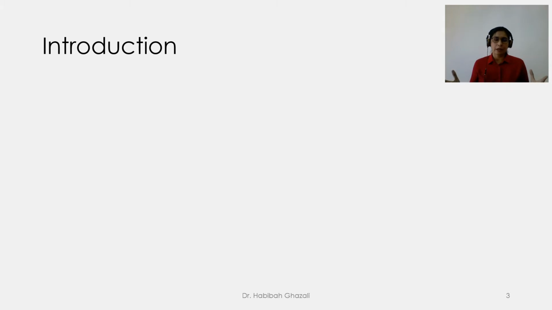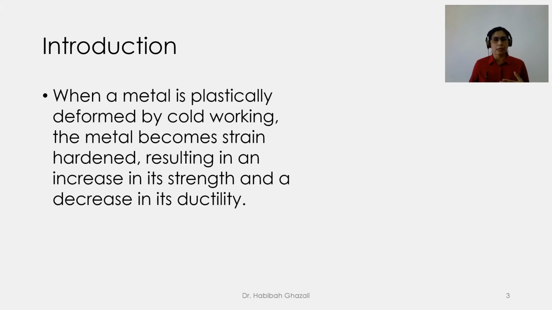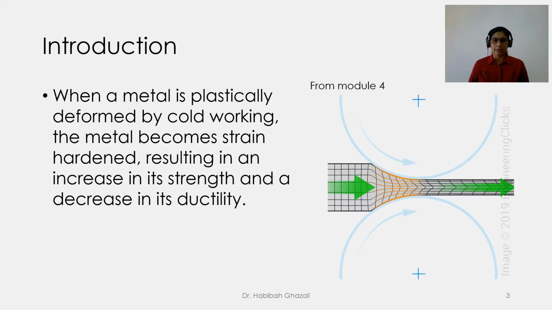So just a little bit of recap from the previous module. In module 4, we learned that when a metal is plastically deformed by cold working, the metal can become strain hardened, resulting in an increase of its strength, but we sacrifice its ductility. We also learned that this is because the microstructure of the metal is elongated, and it causes this metal to become anisotropic.